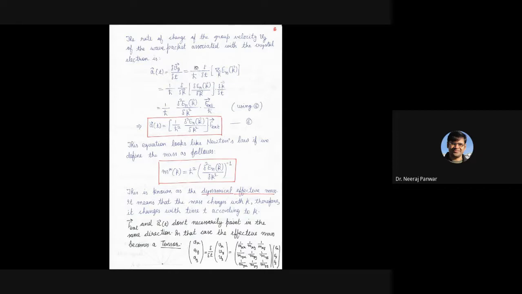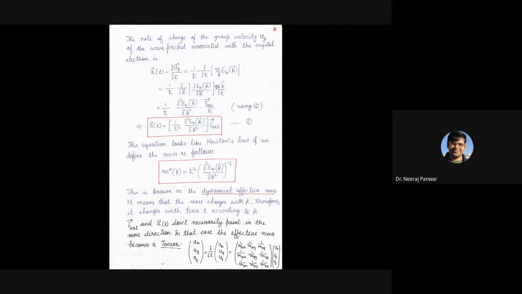So it would be equal to 1 upon h cross del over del t of the gradient of E and K. What we can do here is multiply and divide by delta K. So this equation will become 1 upon h cross del over del K of the gradient of energy with respect to K dot dk over dt, and we can write it as 1 upon h cross del square E n K over del K square dot F external by h cross.